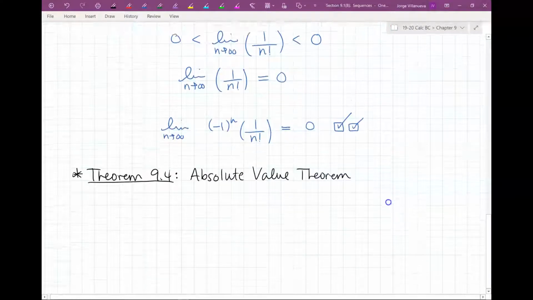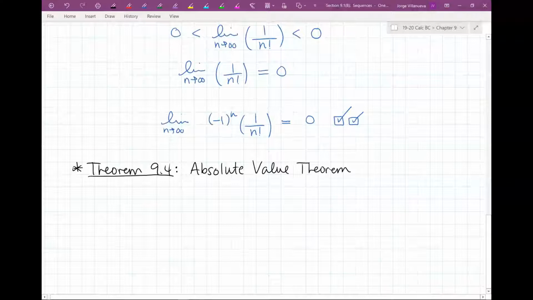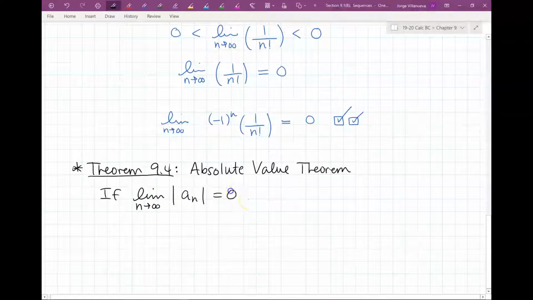It says, if the limit as n approaches infinity of the absolute value of a sub n equals 0, then the limit as n approaches infinity of a sub n equals 0.